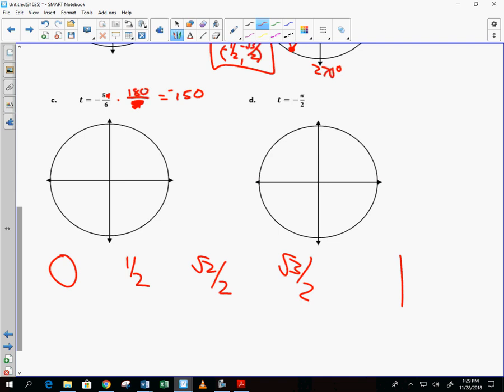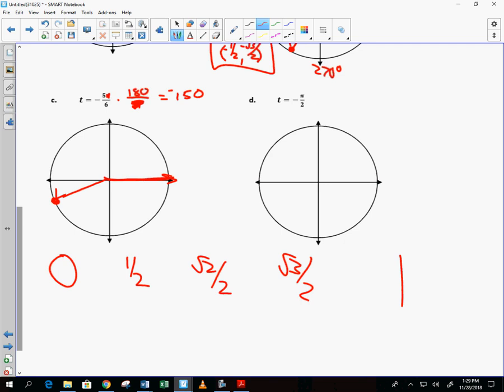If I go negative 150 degrees, how is that different than going 150 degrees? Opposite direction. So don't draw this, but 150 degrees would be like that, right? So negative 150 degrees would be like that. It's just the opposite direction. So what I'm trying to do right now is come up with this coordinate right here.